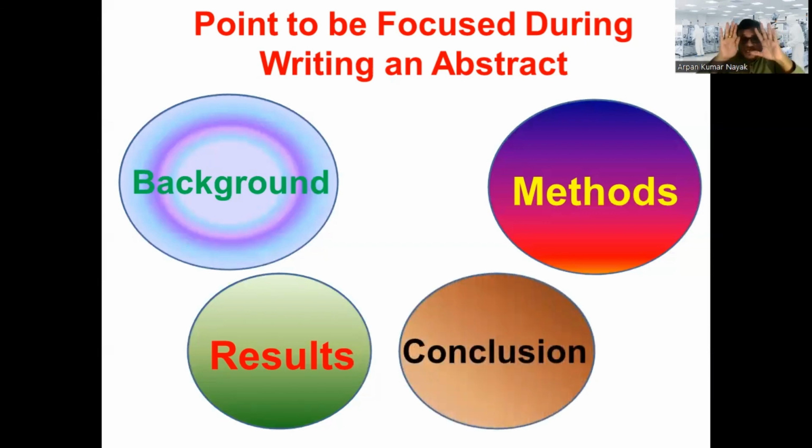So when new researchers start writing the abstract, they should focus on these 4 points. First is background, second is methods, third is results, and fourth is conclusion. Researchers should also see the published articles, whether they follow this or not.